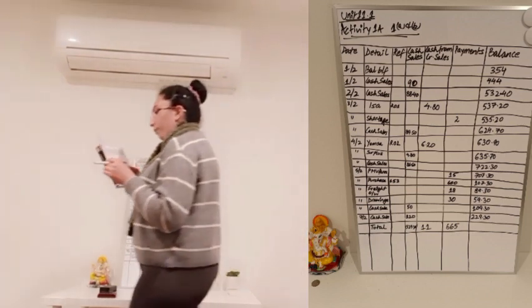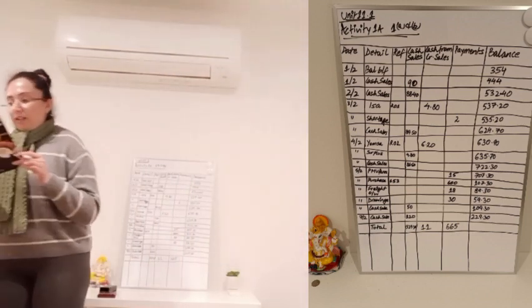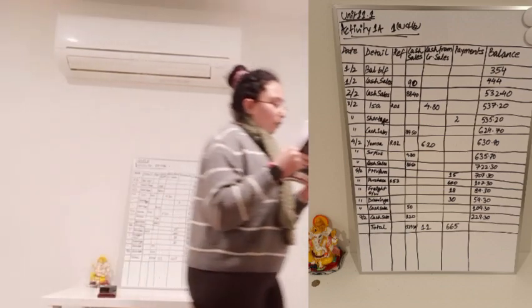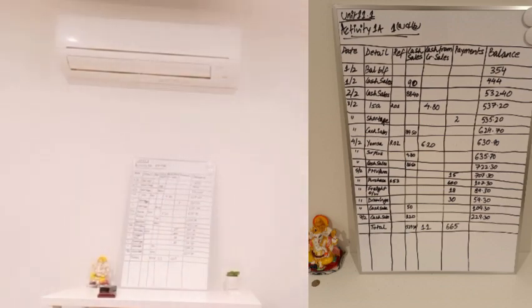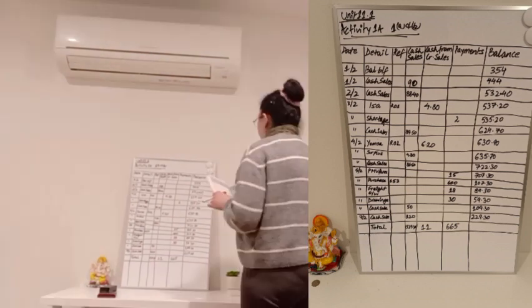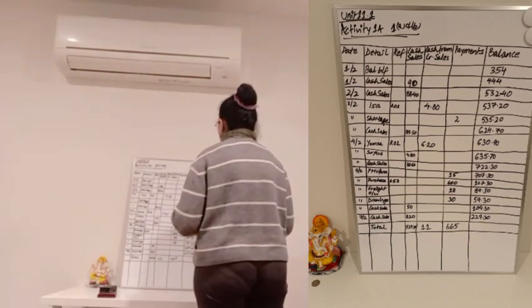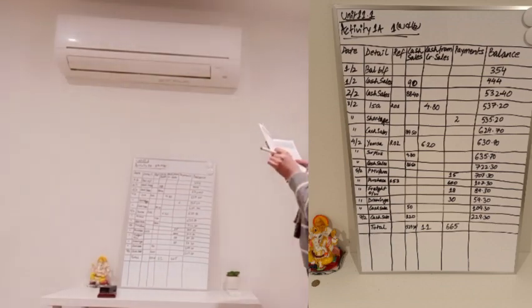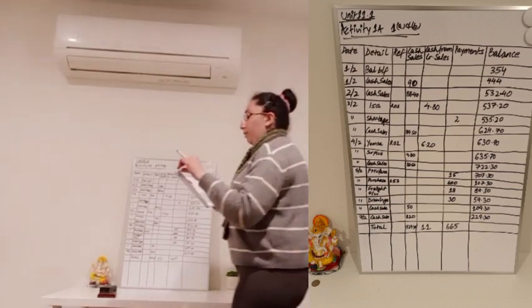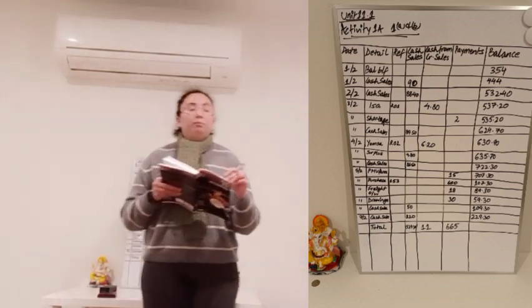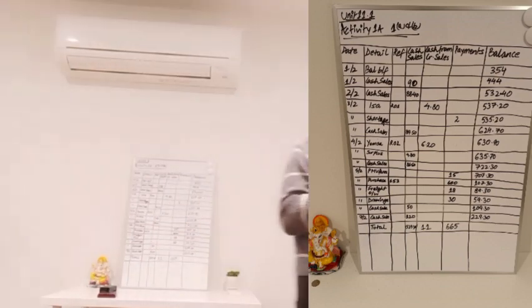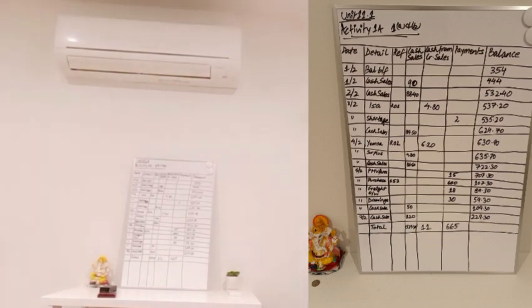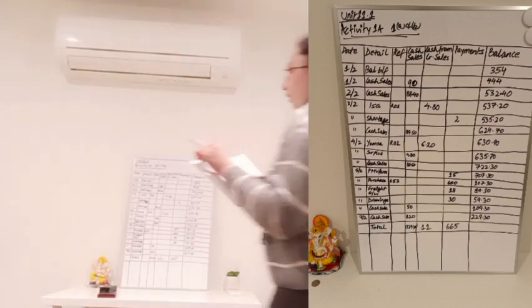Then ESA on 3rd of February was our debtor and we received the cash, which is written cash from credit sales 4.80. So then the balance would be 537.20. Then there was a shortage of $2. Shortage is basically the difference between the actual cash which we have and the cash book.